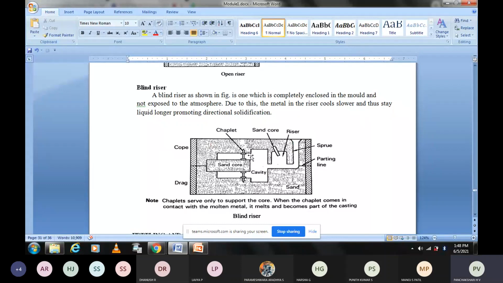During its filling, as it rises in the cavity, it also rises in the riser. And it is blind. Why is it called blind? This is not open to atmosphere. Above this riser there is mold, so it cannot be seen outside. It is called as blind riser.